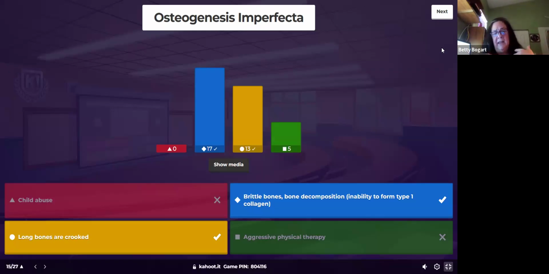Everything's crooked, it is brittle bones, and we don't do anything aggressive with these children. They need physical therapy, but very, very gentle because their bones do crack easily.